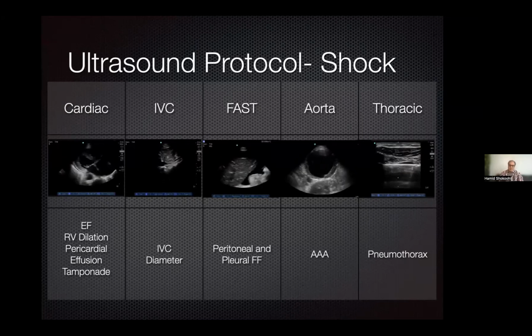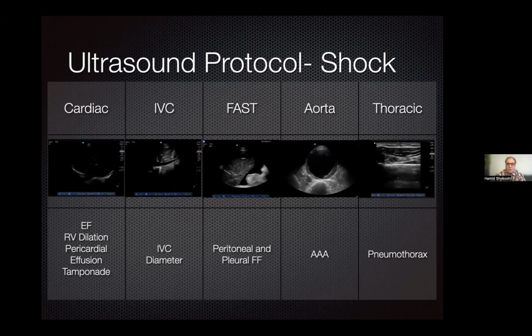You do a FAST exam. You look for intra-abdominal and intrathoracic fluid to see if the source is intraperitoneal bleeding. You look at the aorta to see if the patient has an aortic aneurysm or dissection leaking around it, and those are the ones that can cause it. And you look for pneumothorax.